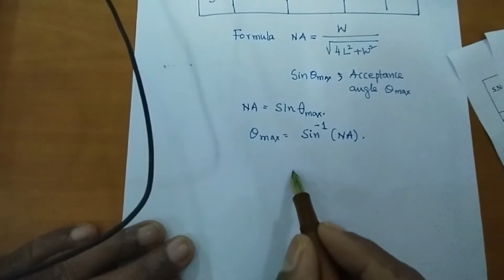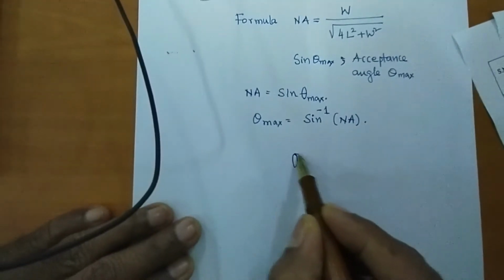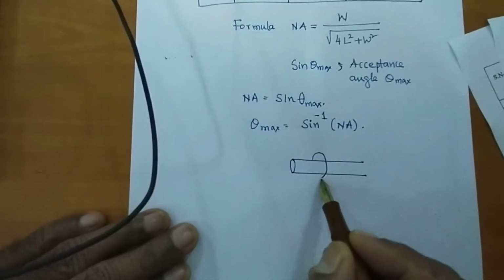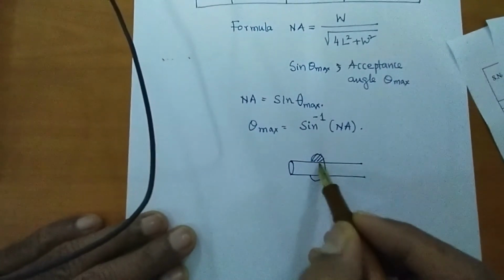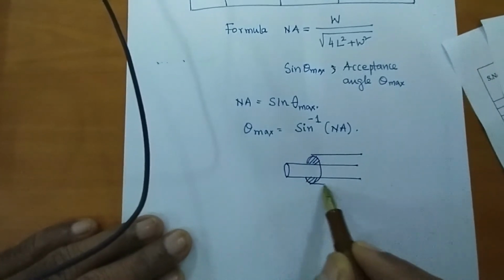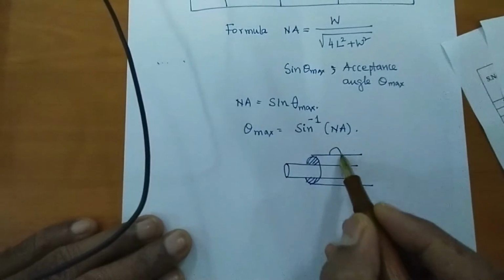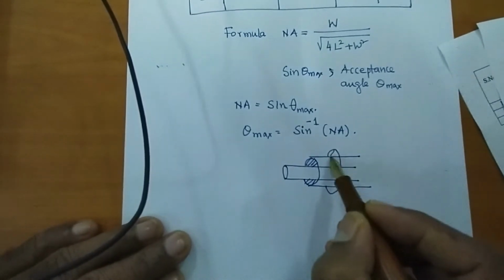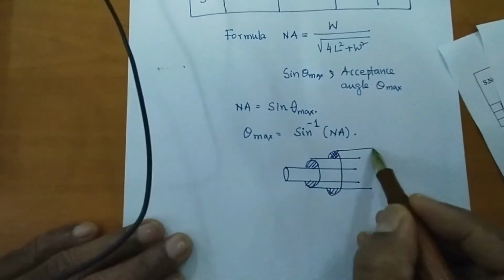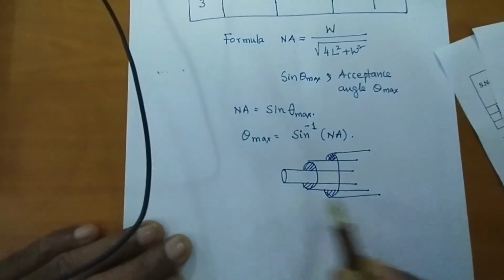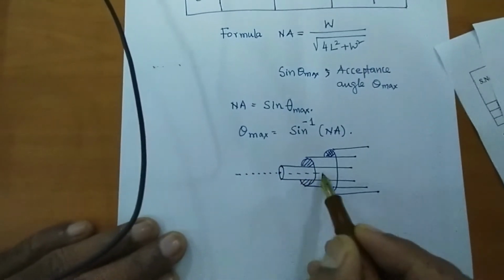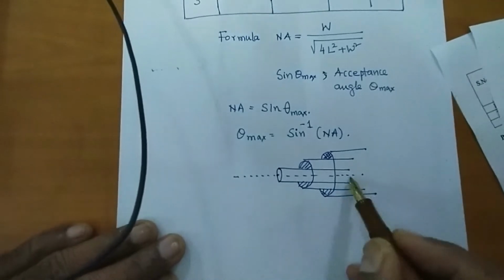For example, I am drawing here the optical fiber. This is the core part of it, and over and above it we have another layer which is concentric about the first layer, and this is the second layer, and we have another concentric layer above this, and this is called the sheath or the jacket. So we have three concentric layers. The line that is passing from the center of the core material, we call it the axis.